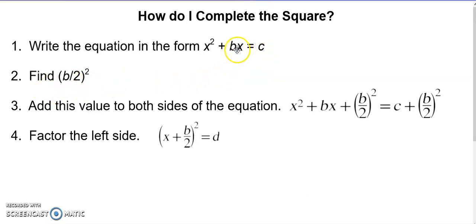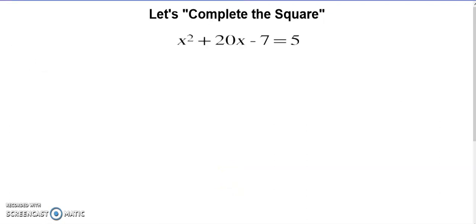Then we're going to take b, the number in front of x, cut it in half, and then square it. That's going to give us a value. We're going to add that value to both sides of our equation, and then factor the left side, but it's really easy to factor because this is always going to be x plus b over 2. I know you're kind of saying, what? Just keep these steps in mind as we do this.